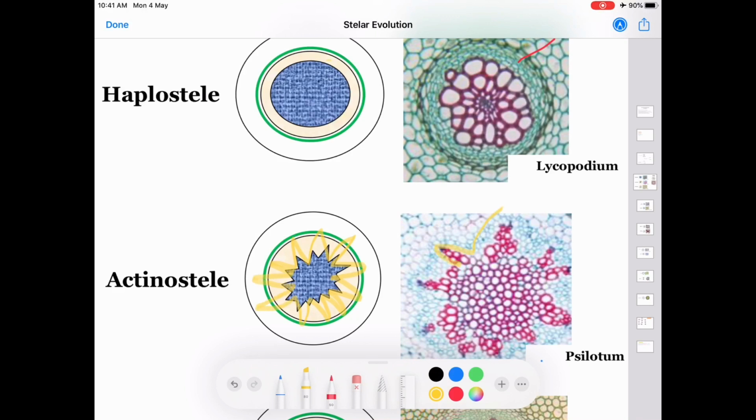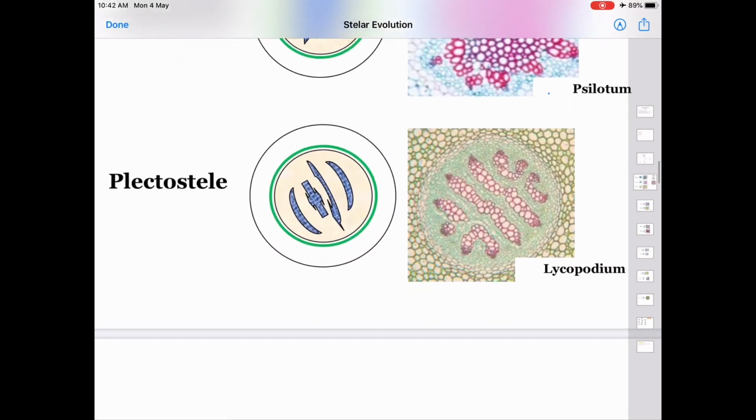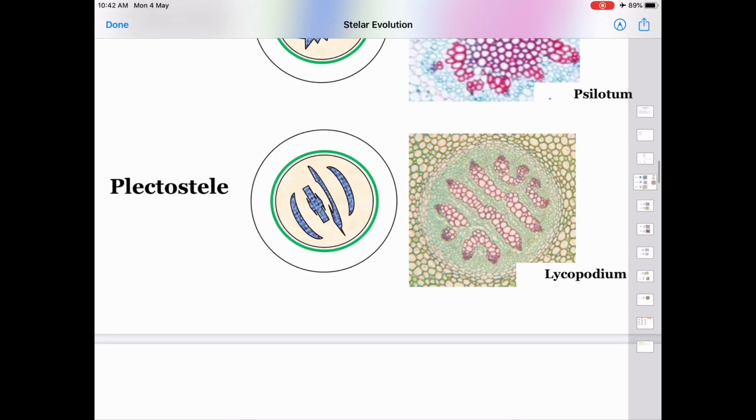Here also, this is with a radiating wall and is star shaped. This type of stele is known as the actinostele. Here also the pith is absent and the central region is occupied by the xylem, and the xylem in turn is surrounded by the phloem.